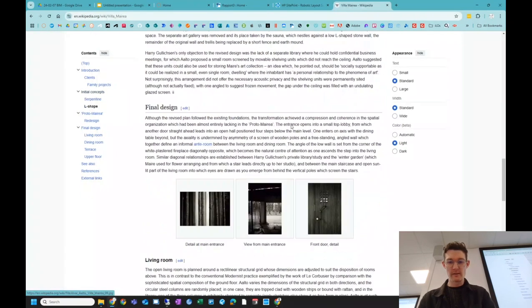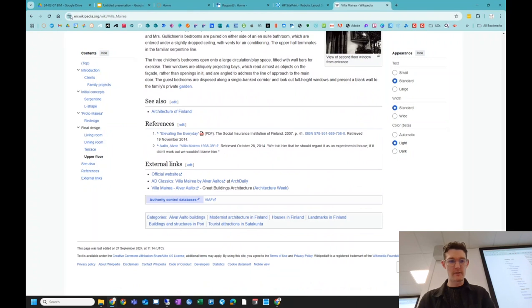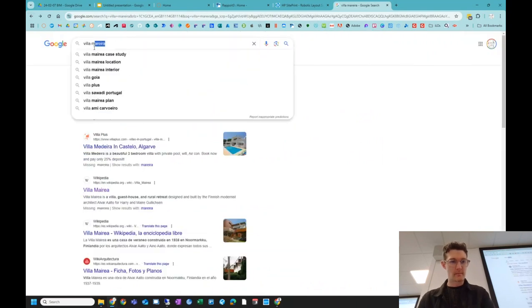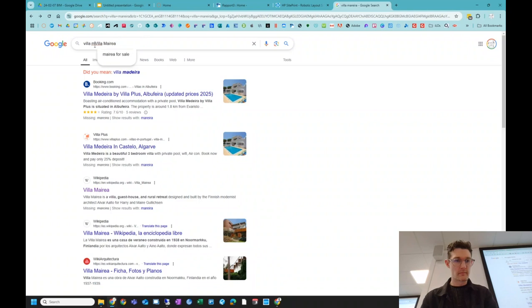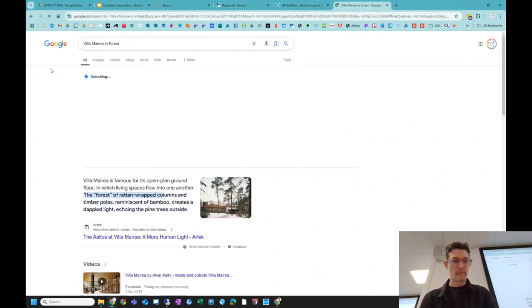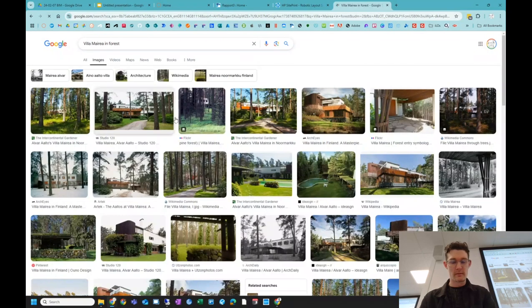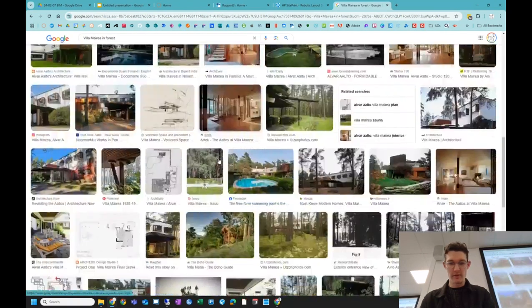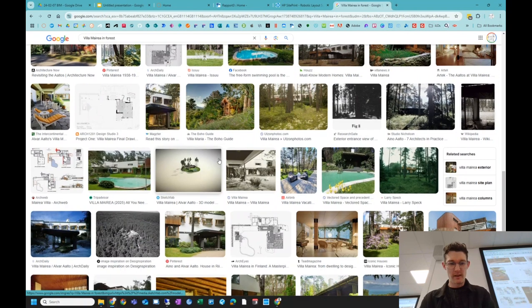I want to find the image of this. Where are we? I want the image of this thing.